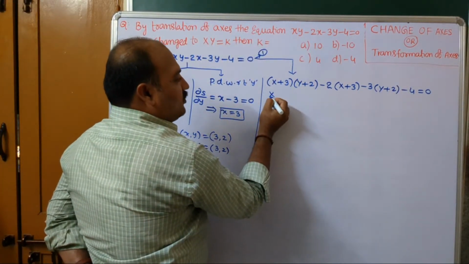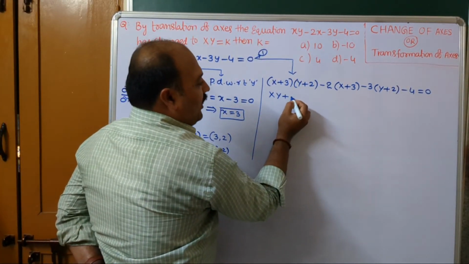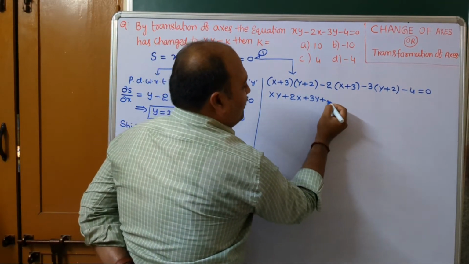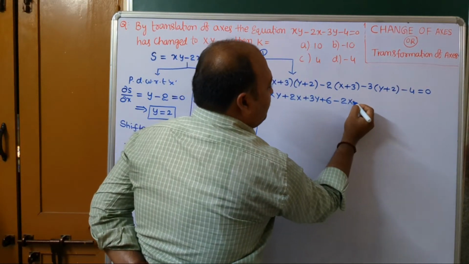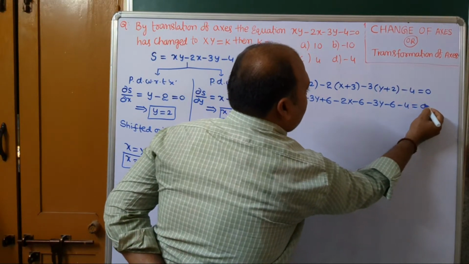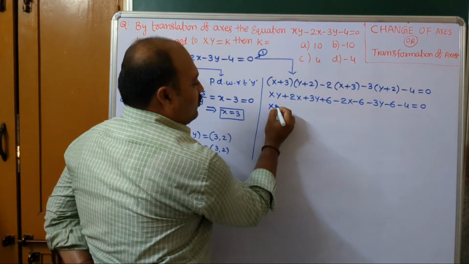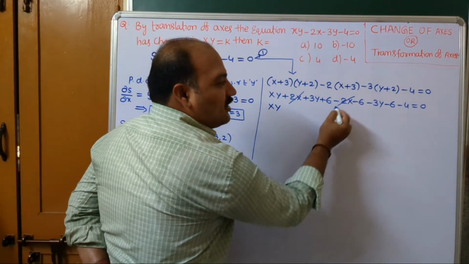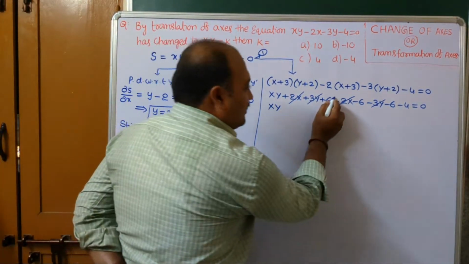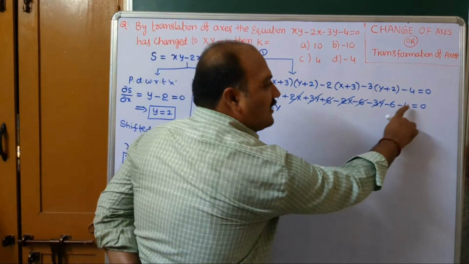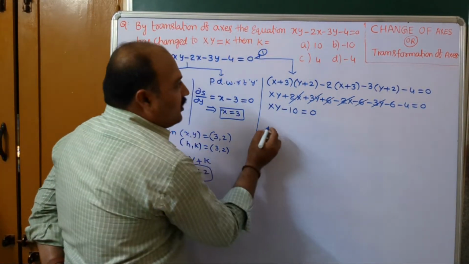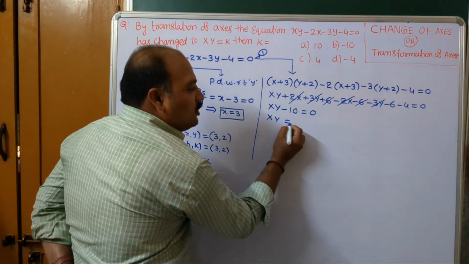X into Y, XY, X into 2, 2X, 3 into Y, 3Y, 3 into 2, 6, minus 2X, minus 6, minus 3Y, minus 6, minus 4 equal to 0. So 2X minus 2X gets cancelled, students. Plus 3Y minus 3Y, plus 6 minus 6. So minus 6 minus 4 is minus 10. So XY minus 10 equal to 0, and XY is equal to 10.